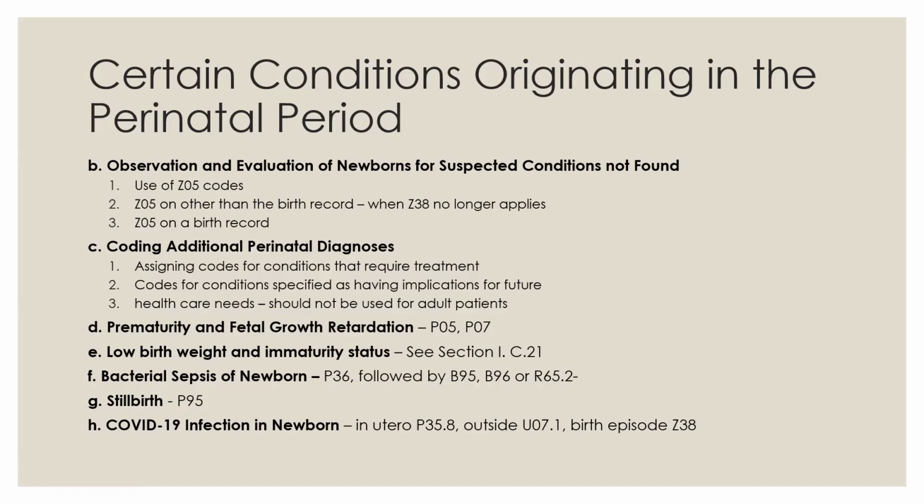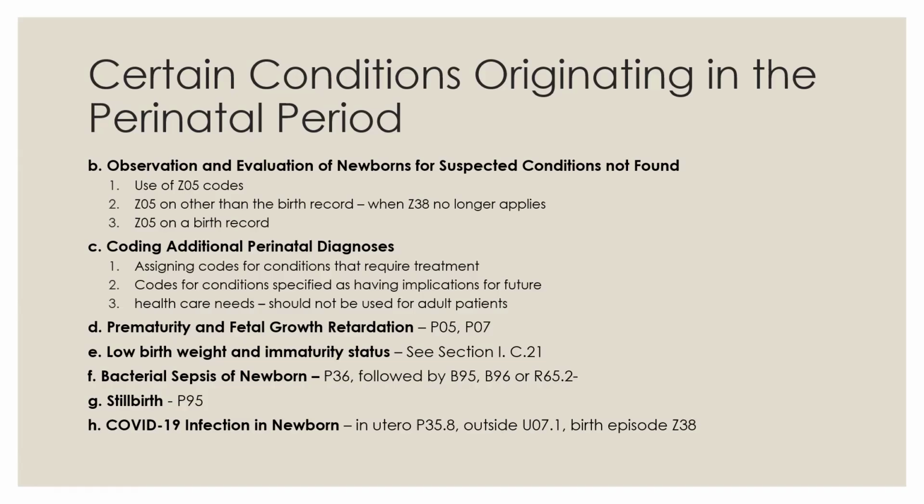A code from category Z05 may also be assigned as a principal or first listed code for readmissions or encounters when the code from category Z38 no longer applies. Codes from category Z05 are for use only for healthy newborns and infants for which no condition after the study is found to be present.